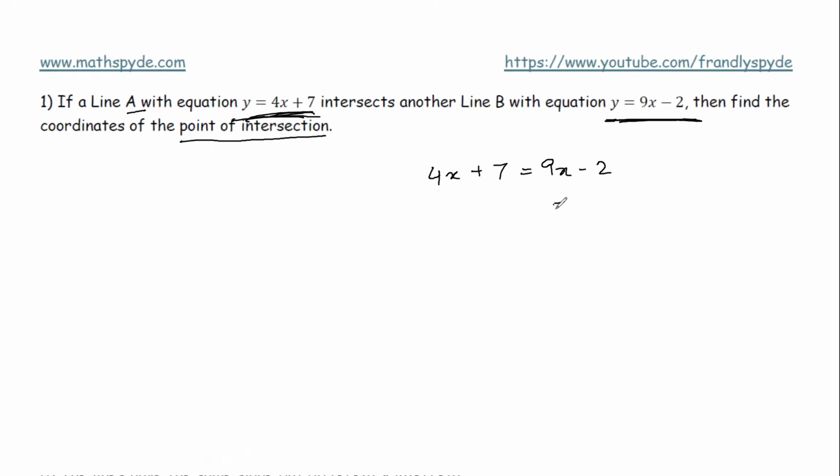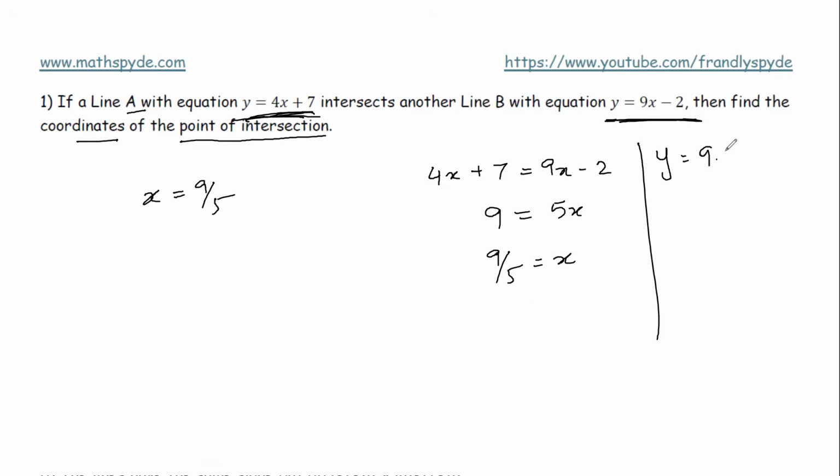So I got 5x here and 9 out here. So 9 by 5 is equal to x. And therefore y is, find the coordinates. So x value is 9 by 5. And therefore the value of y is equal to 9 into 9 by 5, because x is 9 by 5, minus 2.